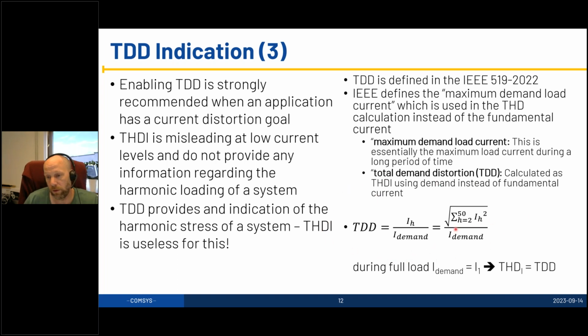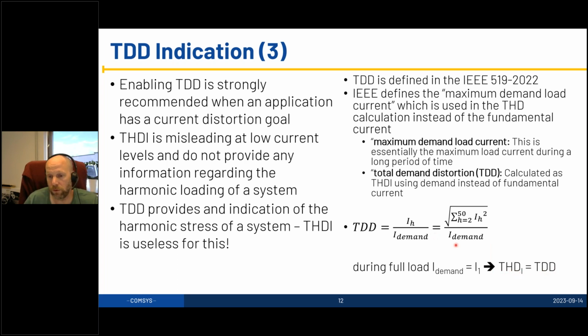We have the harmonic RMS current, which is defined as the square root sum of each of the individual harmonics, and we divide it by demand current. During full load, meaning that if we have a demand current of 200 amps, that basically means that the average maximum current that we will see in the electrical load over a long time is the same as the full load, then THDI and TDD is the same number.